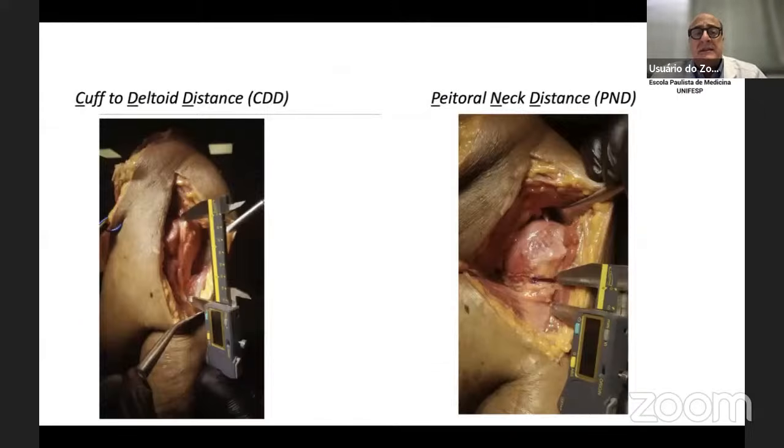They measured this CDD distance, this cuff to deltoid distance. So they measured the insertion of the deltoid to the top of the head, and measured the top of the pec major to the medial part of the head.